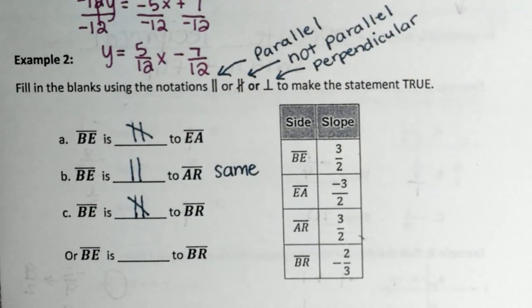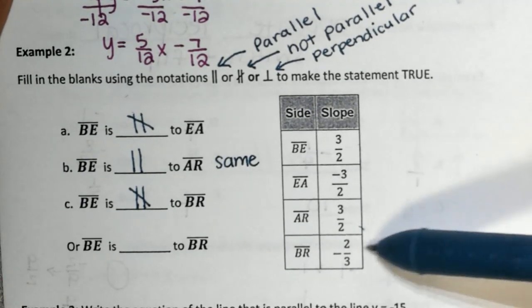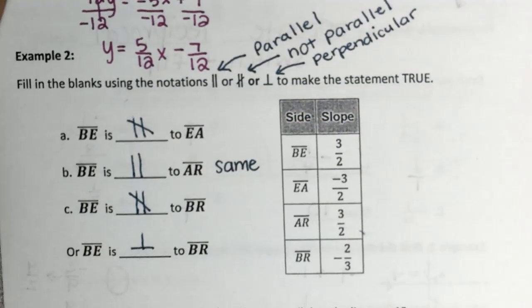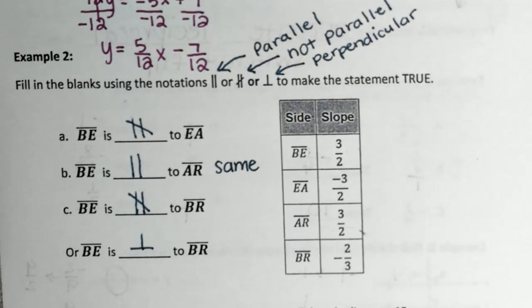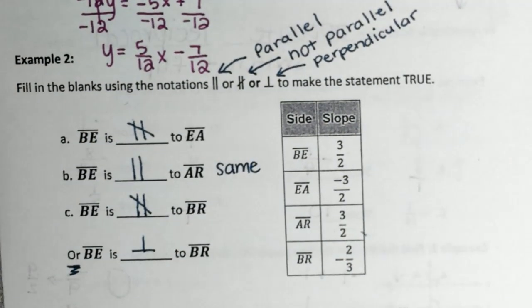Do y'all agree with that? But what do you notice about BE and BR? They are perpendicular. They are flipped and switched, so I can also say they're perpendicular. Both of those work for that one. It says "or" right here: not parallel or perpendicular. There's 2 of them for that one.